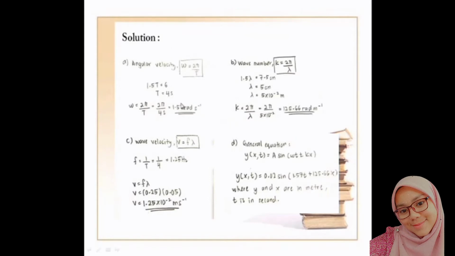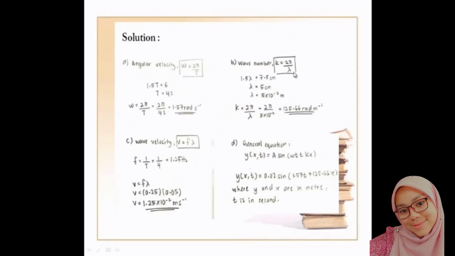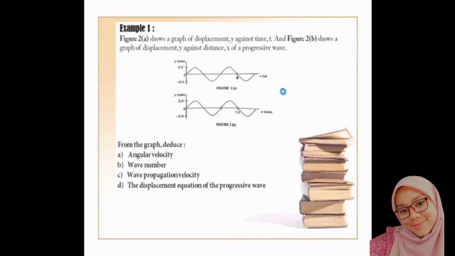Okay. So, yang kedua, soalan dia ditanya, calculate the wave number. So, wave number formula dia adalah k equals to 2 pi over lambda. So, macam mana kita nak cari lambda? Kita kena guna graf yang dua ni. Kenapa tak boleh guna yang ni? Sebab yang ni dia dah bagi ini adalah time. So, kita guna je yang ni. So, formula samalah kan. Ini adalah satu lambda, and ni adalah 2 lambda.